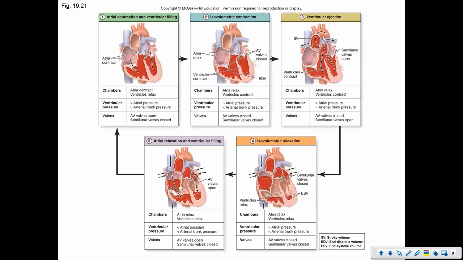But remember this, always and forever, that the blood pressure that you measure is the blood pressure in that blood vessel that you're measuring, at that location, at that time. So it's conceivable that you can measure a different blood pressure on the right arm than the left arm, right?